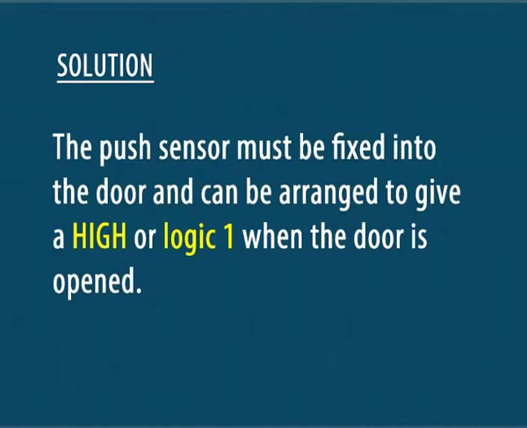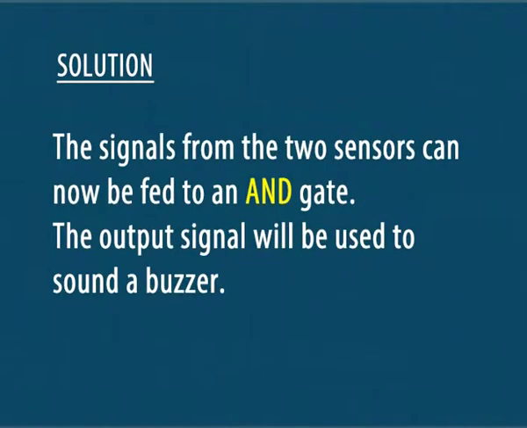The push sensor must be fixed into the door and can be arranged to give a high or logic 1 when the door is open. The signals from the two sensors can now be fed to an AND gate. The output signal will be used to sound a buzzer.